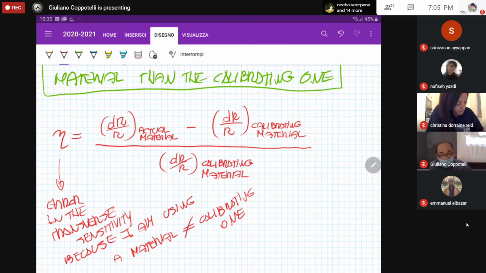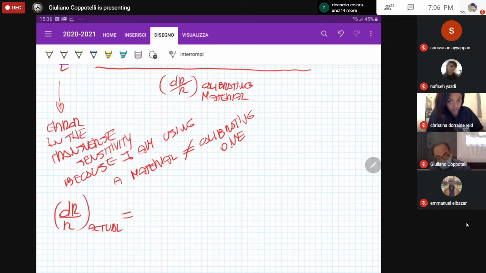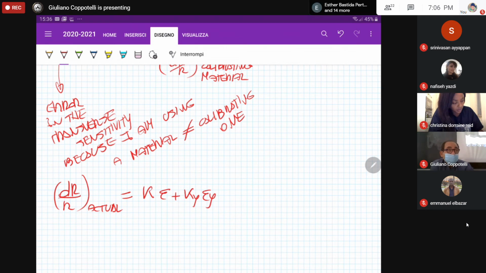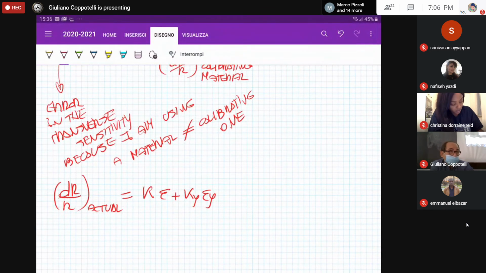Okay. Remember, the change of resistance actual is given by K epsilon plus Ky epsilon y. Remember, K is the gauge factor, epsilon is the strain in the natural direction, the longitudinal one. Y is referring to the transverse direction with respect to the longitudinal.